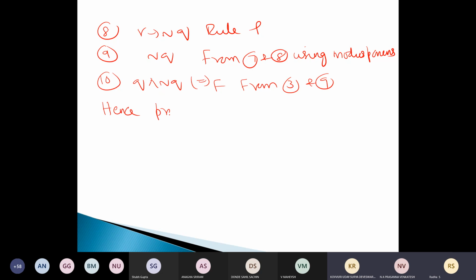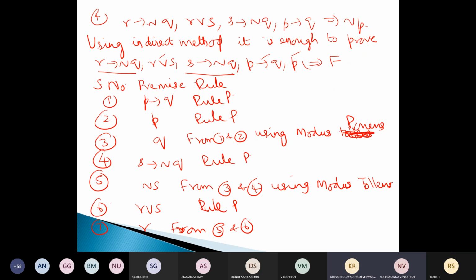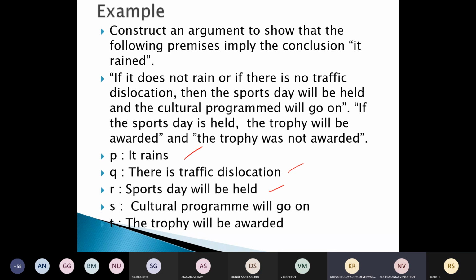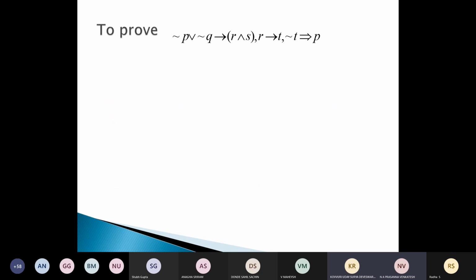Hence, a contradiction. Okay, is this clear? Indirect method is clear? Yes, ma'am.